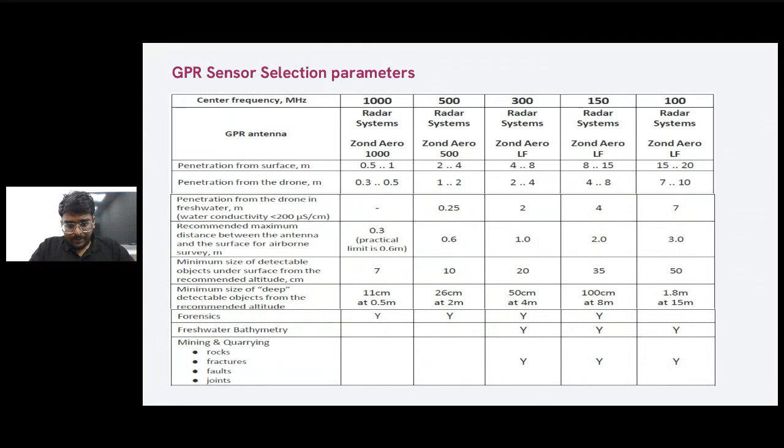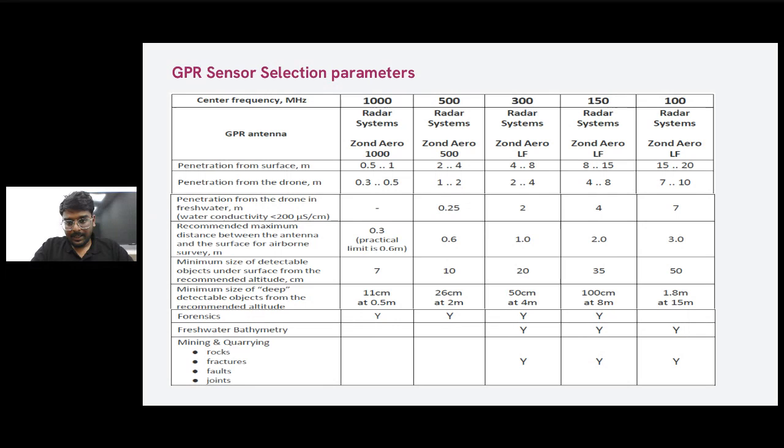The Sound Aero 500 has a much larger depth than Sound Aero 1000. And as I said earlier, when the depth increases, the detectable size also increases. So the minimum size of object that Sound Aero 500 can detect will be around 10 centimeters, at a depth of 2 meters or 1 meter at the max.